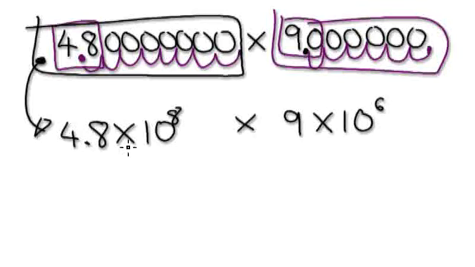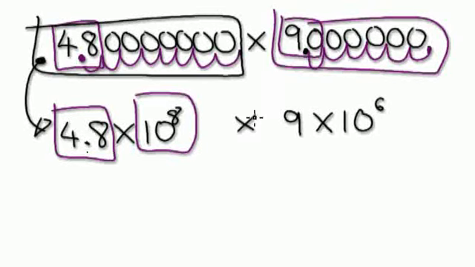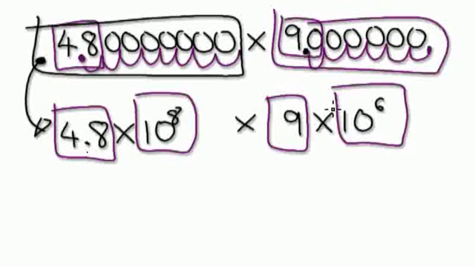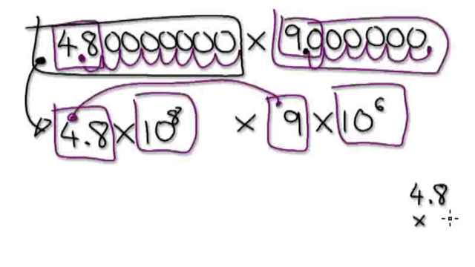Now visualize it like this. You've got this block times this block times this block times this block. Let's do this bit first. This bit would be 4.8 times 9. So what's that? 9 times 8 is 72, so 2 carry the 7. 9 times 4 would be 36. 36 plus 7 will be 43.